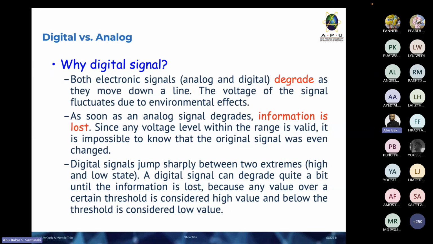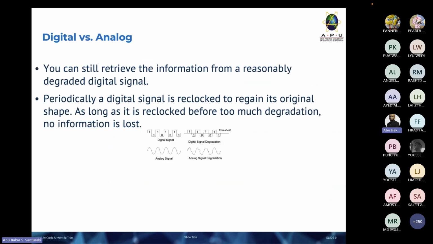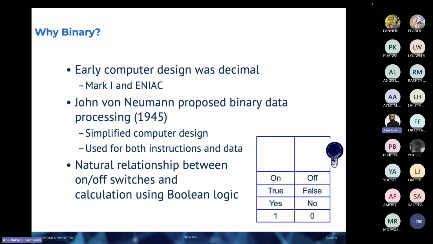So why do computers prefer digital signals? Long story short, it's simpler. It's easier to use, easier to do error correction, easier to compress the data, and easier to manipulate and handle the data. Why do computers use digital signals? Because they are easier to deal with. Why do computers specifically want to use binary digital signals?